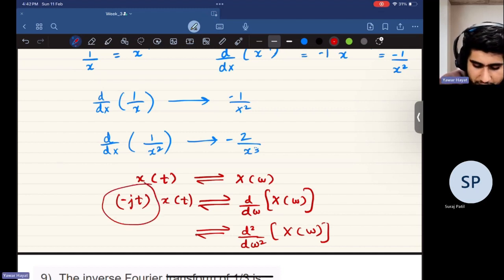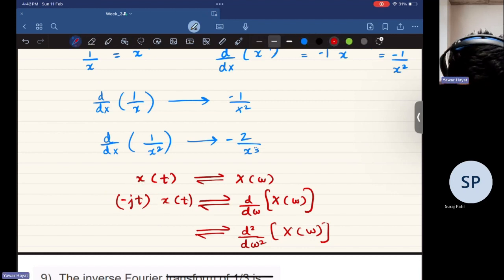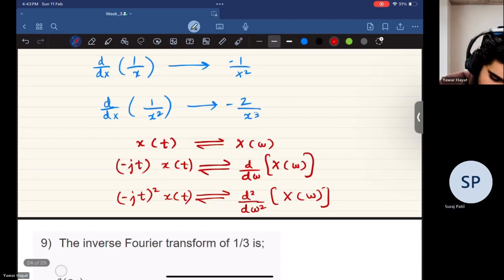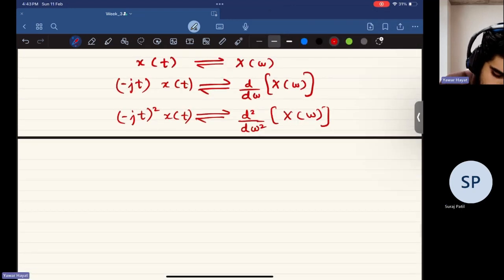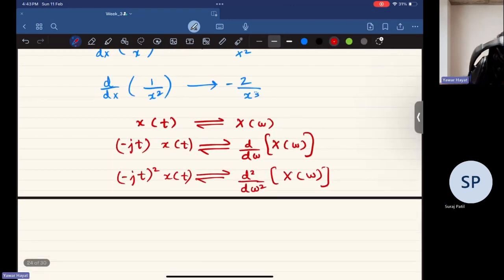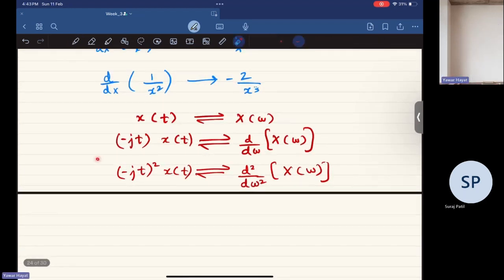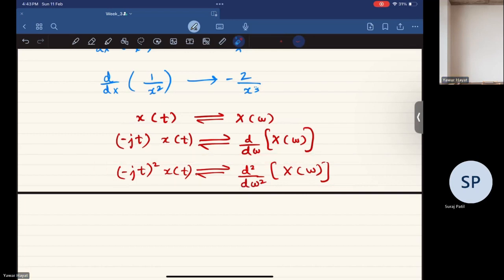This minus jt got multiplied, right? So when I take another derivative, this minus jt would get multiplied again. In other words, this would be minus jt square x of t. I hope you don't lose track of things. So this is what I would use.